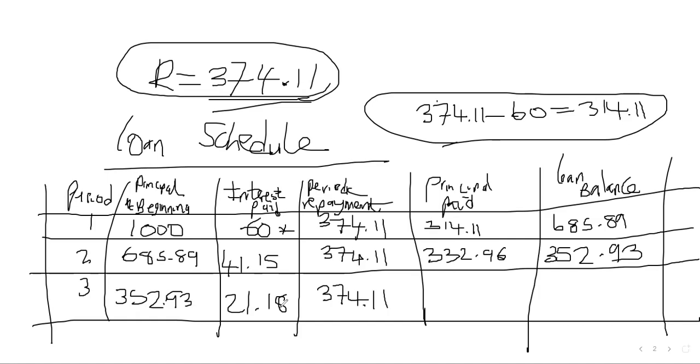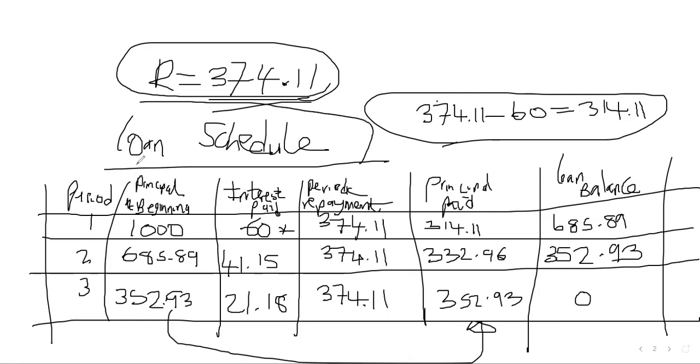Then you can subtract 374.11 minus 21.18. It's 352.93. Meaning we're going to have a zero balance there. When you subtract this 1 minus that, you're going to have a zero. You would have finished paying the loan in 3 years' time. So the number of years indicated there is the time taken for an individual to finish paying for the loan.